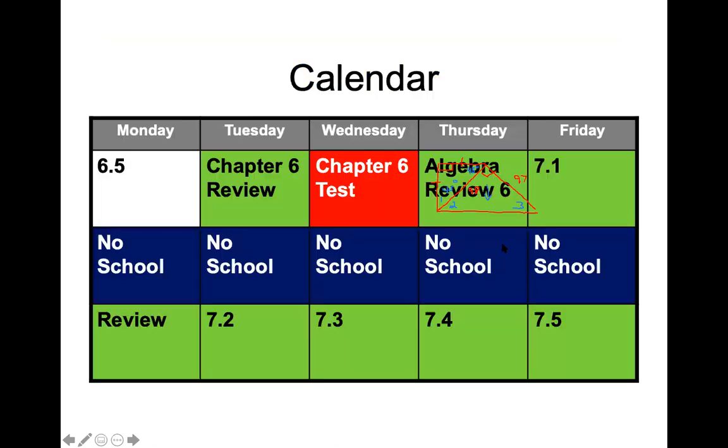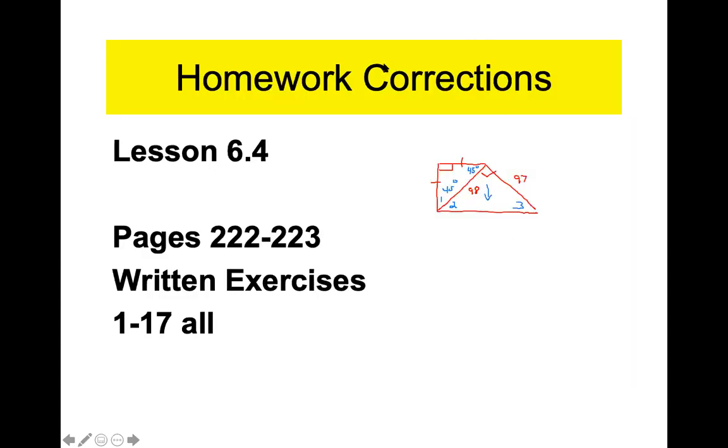So we know that the measure of angle 3 has to be bigger than 45 degrees. I don't know what it is, but I know it's bigger. I know that I left off 3, sorry. And we know that the measure of angle 2 has got to be less than 45 degrees.